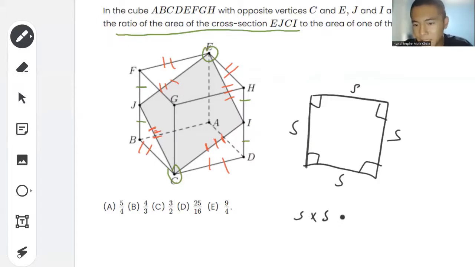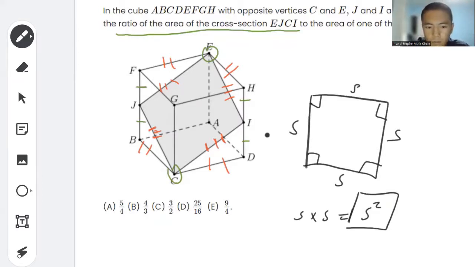So in this case, you can pretend that the length and the width are the same. So it's really just one side times another side, which gives you the side length squared. So in any square, you would take its side length and square it, and that would give you the area. Does that make sense? Does everyone get this here?